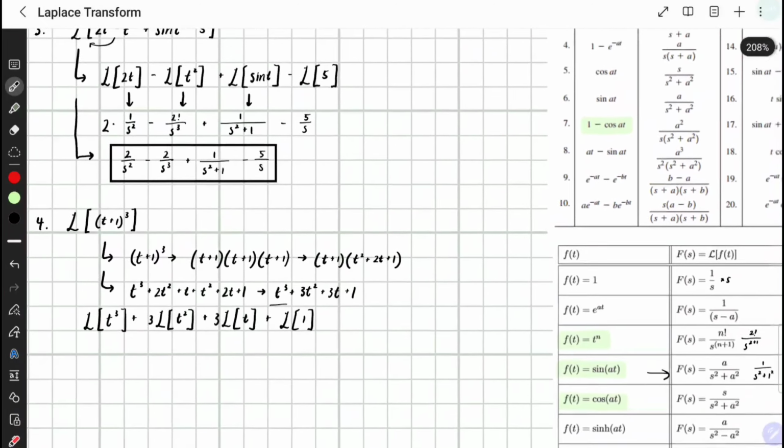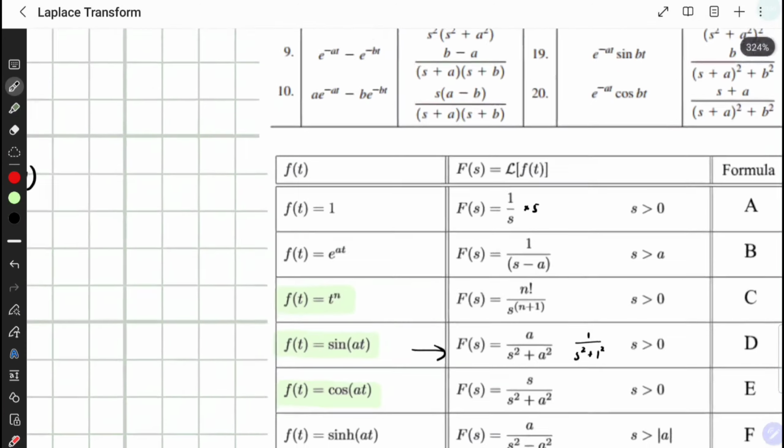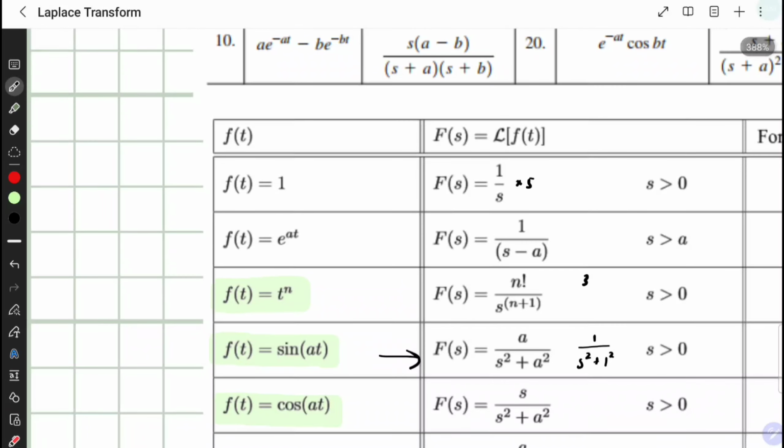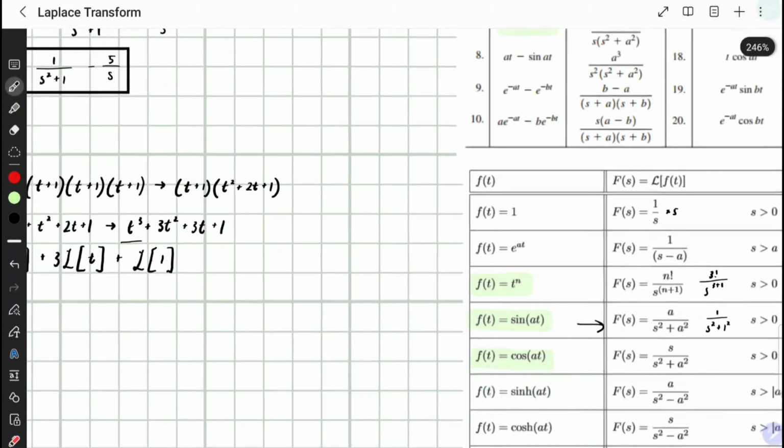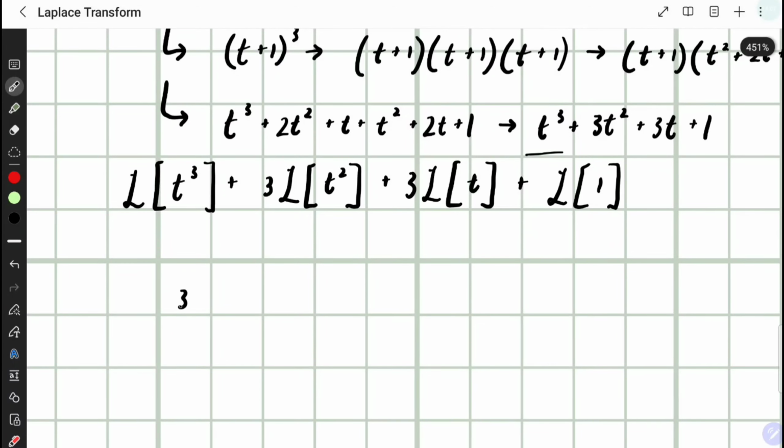For t cubed, using this power rule where n is equal to 3, 3 plus 1, that is 3 factorial over s to the 4th.